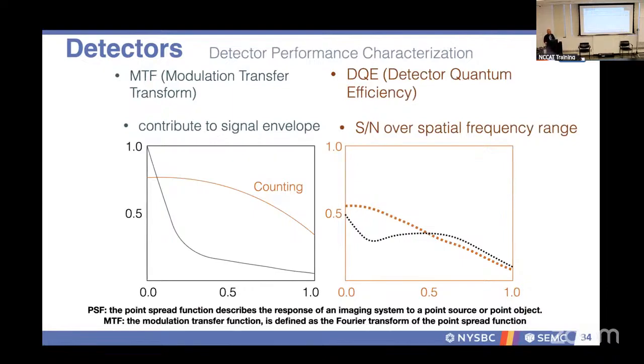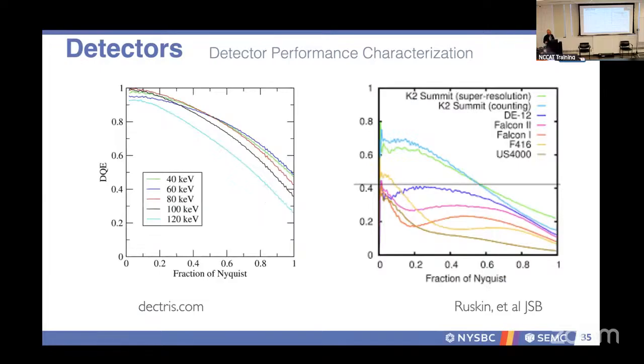Something to think about if you're looking at detectors, the MTF, the modulation transfer function, is related to the sensor itself. And then we have something known as DQE, detector quantum efficiency. That's roughly the signal to noise of a sensor. So practically what that means would be every detector has a particular MTF, but the quantum efficiency can change depending on your flux.